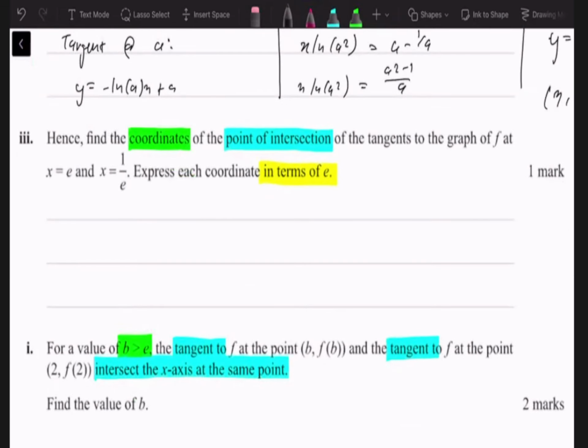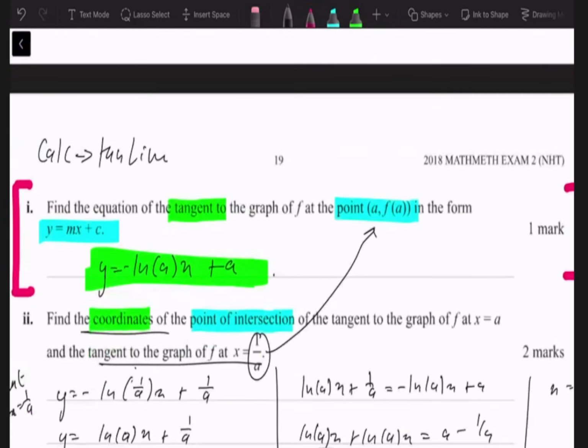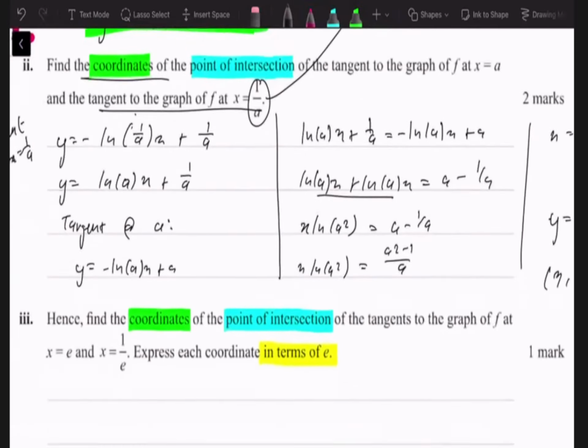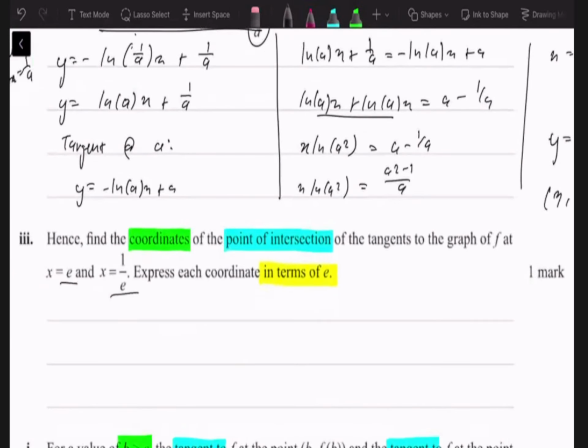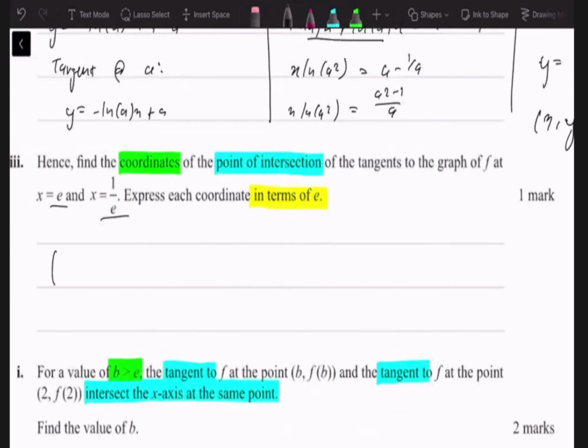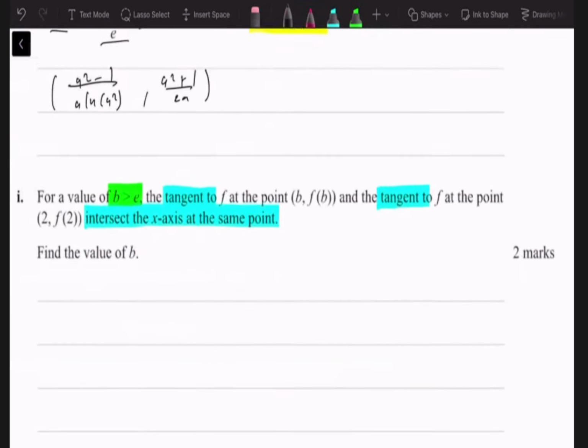So hence find the coordinates of the point of intersection of tangents to this. So the trick here is that that's why doing this was so important, because now you can replace a not with 1 on a, but you can replace it with e and 1 on e. So just get your answer to the previous question. So it was a squared minus 1, a ln a squared, and then a squared plus 1, 2a. And then just replace everything by e.